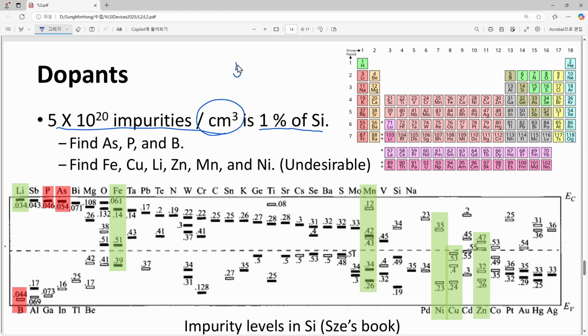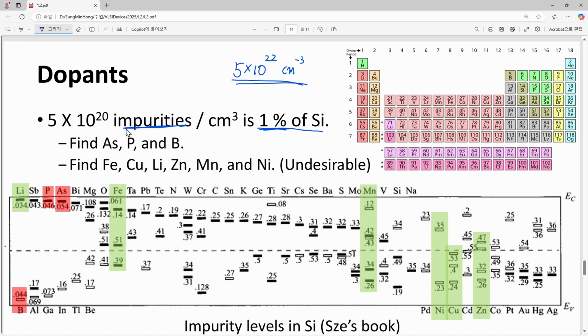So 5 times 10 to the 22 per cubic centimeter is the number density of silicon atoms in a silicon crystal. Although we have quite high impurities, like 10 to the 20, this is still below 1%.